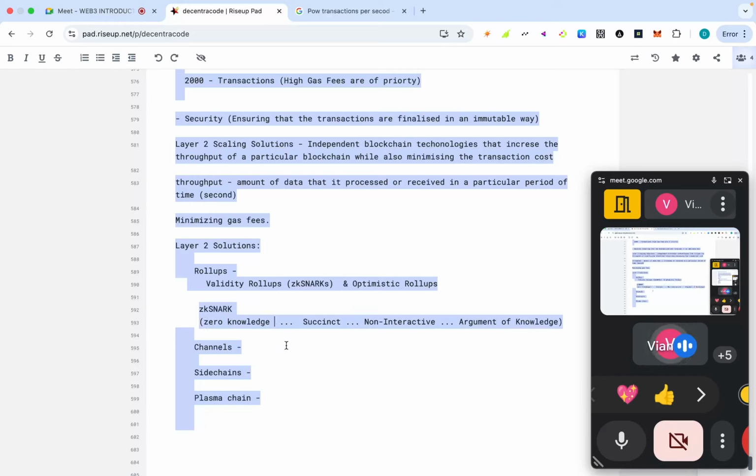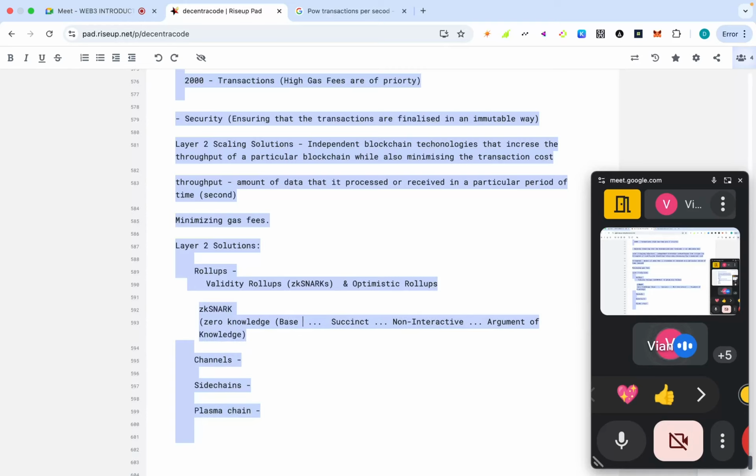So what zero knowledge in this case means is that the base layer doesn't receive a copy of the transactions. That means when a ZK snark or validity rollup does its transaction processing, the base layer does not receive a copy of the transactions.